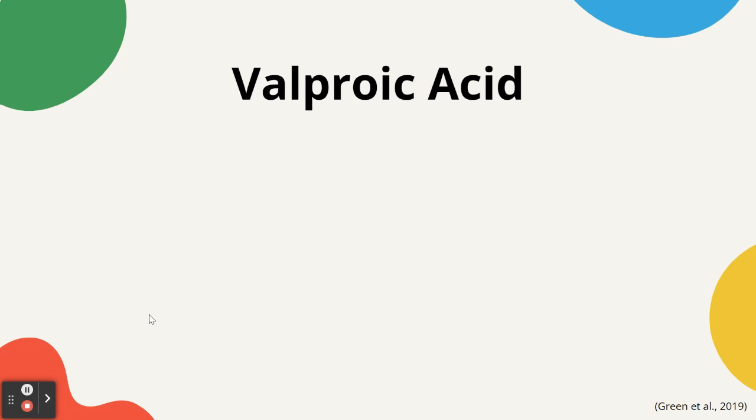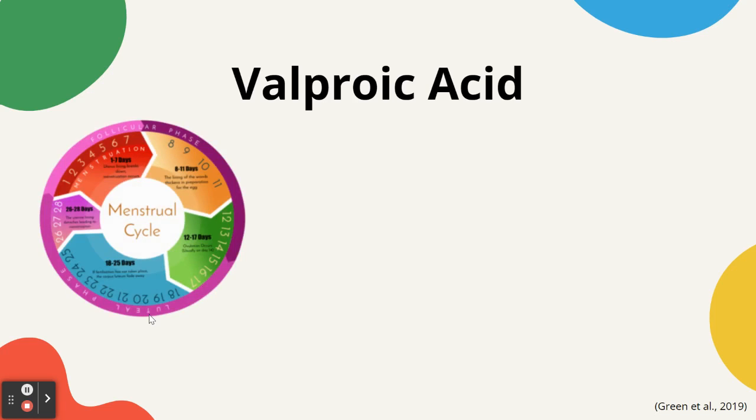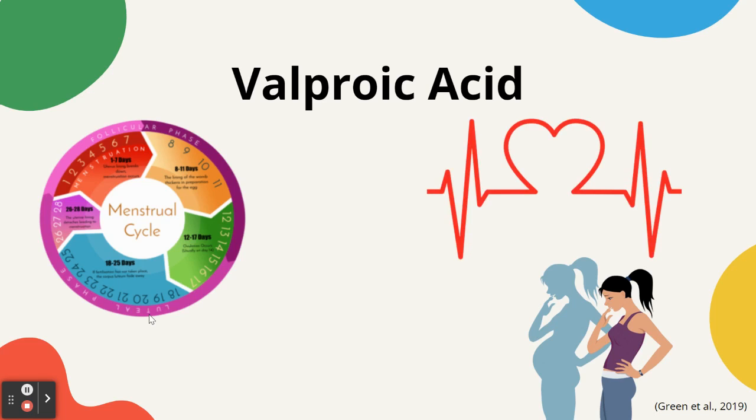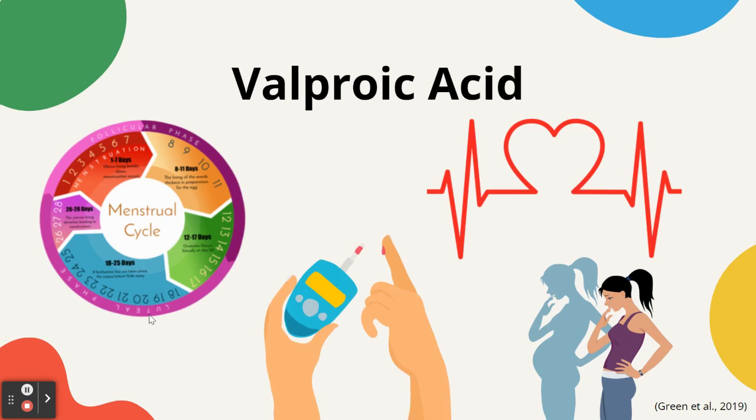Now with cysts, women can experience irregular menstrual cycles, infertility, excessive body hair, obesity, heart disease, and diabetes. Other medications used to treat autism can lower the effectiveness of the birth control pill as well. And it is important for more research to go into how medications used to treat ASD with other comorbid disorders can affect women's overall being and health.